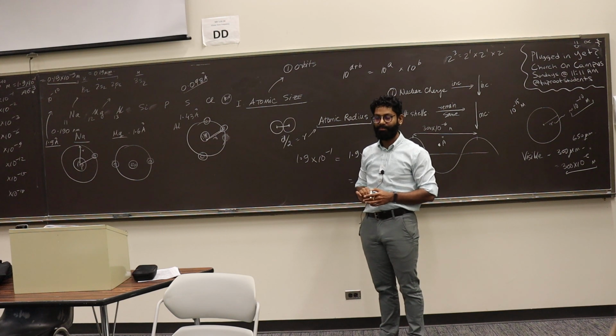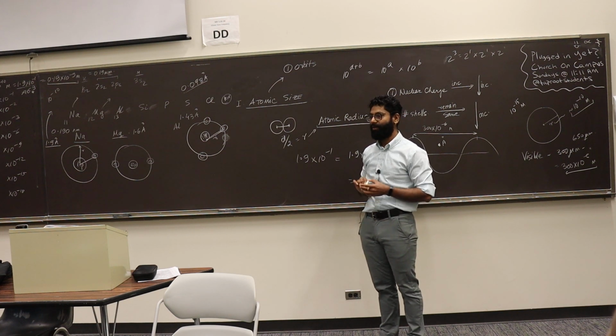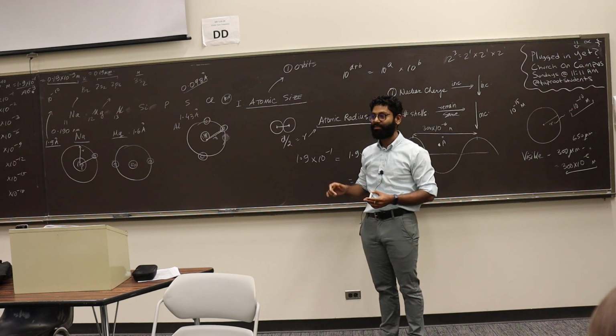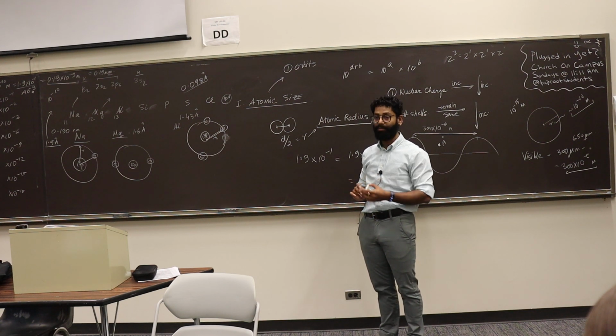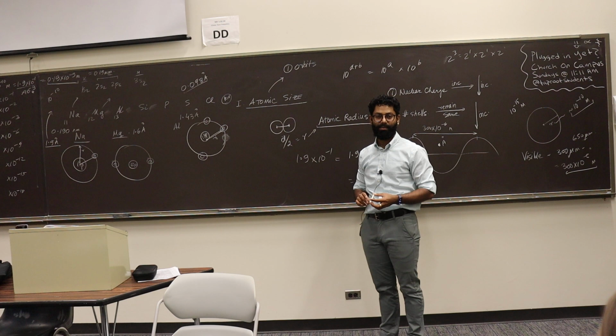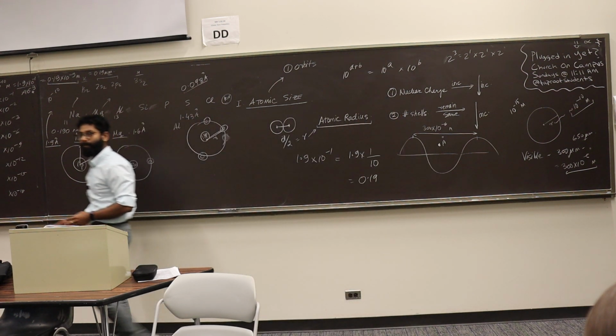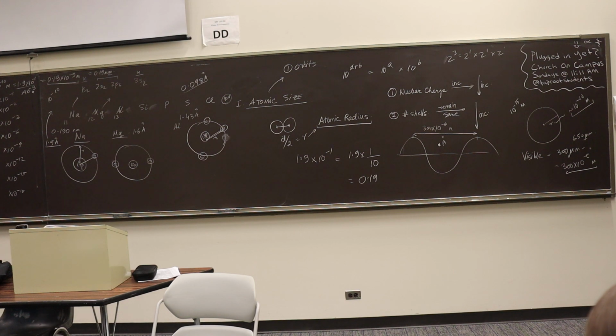Does anyone have any doubt regarding that? Or is everyone convinced that atomic size decreases from left to right in the periodic table? Any doubts? And why does it decrease? The relationship between the number of orbitals and the protons in the nucleus, and the attraction that the protons have on the electron.